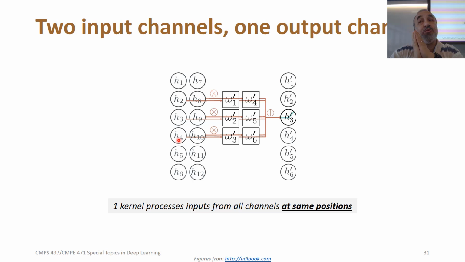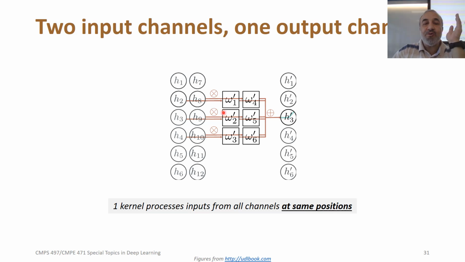So now the number of weights will increase. This kernel is still of size 3, because for each channel we have 3 weights. But now we have 3 weights for this channel and 3 other weights for that channel. And all of them will produce just one hidden unit. Same weighted sum, and then one bias, and then the activation function.